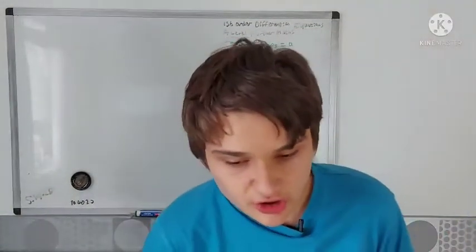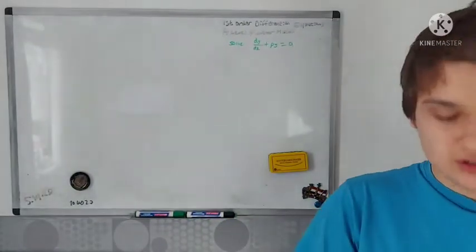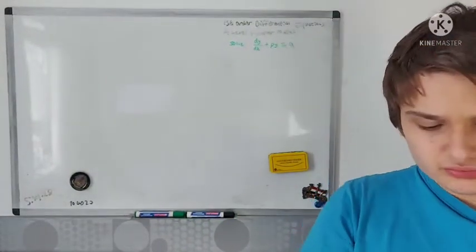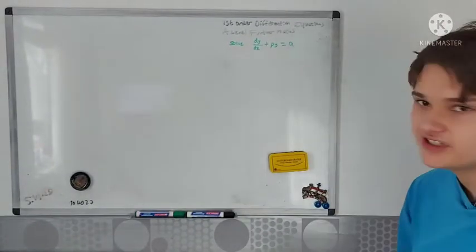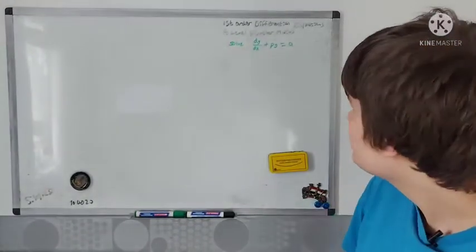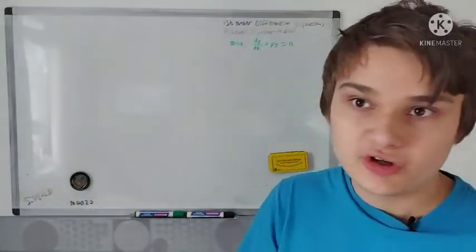Alright then, so these are the integrating factors now, which I'll explain in a second. The idea is, if I wanted to solve dy by dx plus p times y equals q, I could multiply by something, r, so I'm going to call this r.